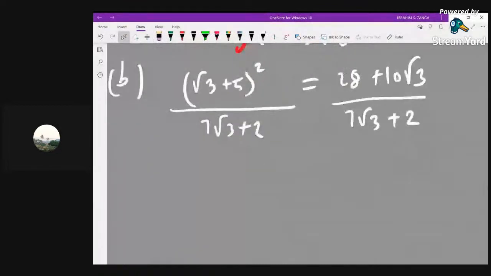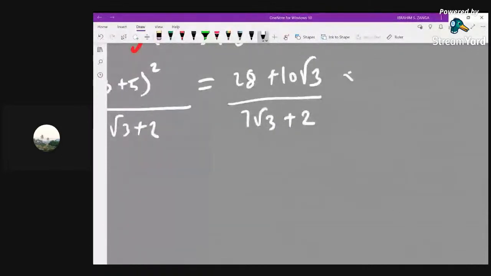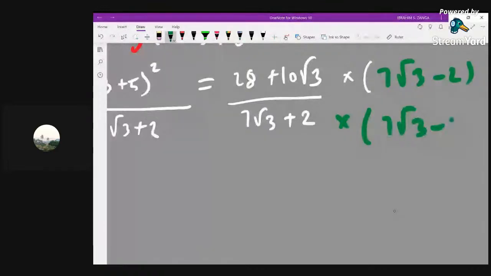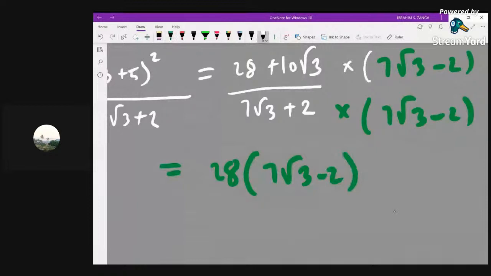So rationalizing the denominator, we are going to multiply by, in the bracket, 7 root 3 minus 2, multiply here by 7 root 3 minus 2. So I'm going to say equals 28 in the bracket 7 root 3 minus 2 plus 10 root 3 times 7 root 3 minus 2.